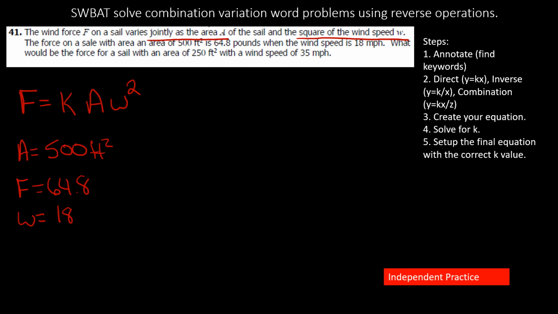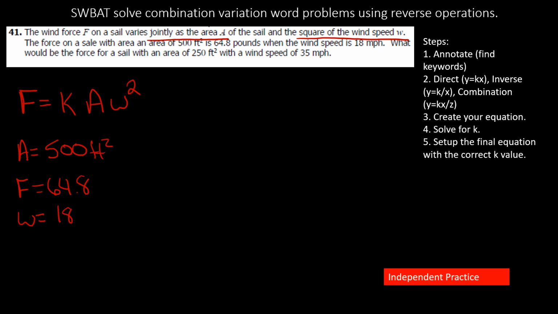They say, what would the force be on the sail with an area of 250 feet squared with a speed of 35? Okay, so the area is actually getting smaller, and the speed is picking up.